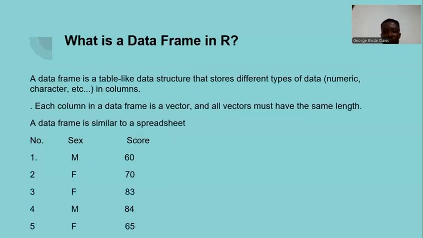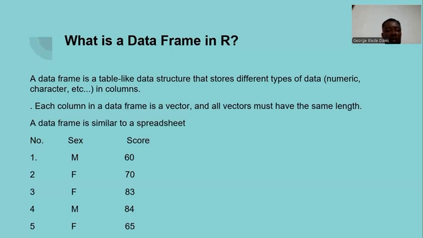What is a data frame? A data frame is like a table, right? Think about a spreadsheet, which has rows and columns, and you have dimension. The same way a spreadsheet looks is the same way a data frame looks. So a data frame contains rows and columns. The columns within a data frame are vectors. All of the vectors must have the same length within a data frame.